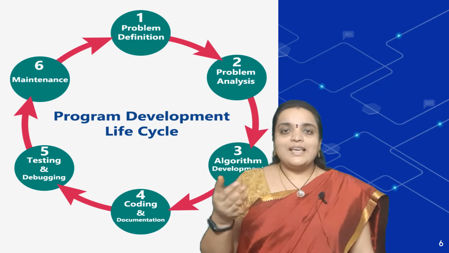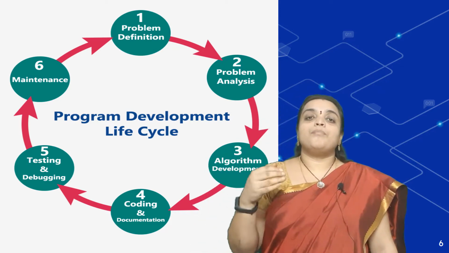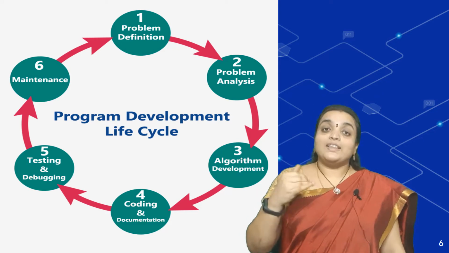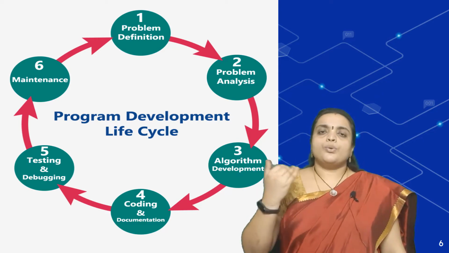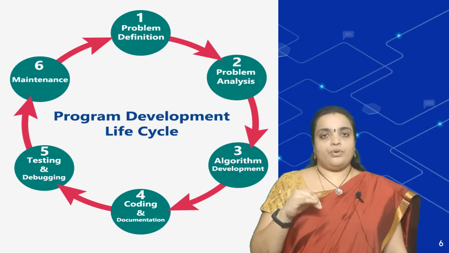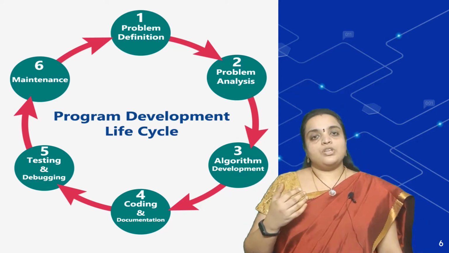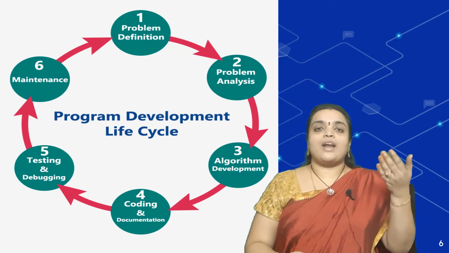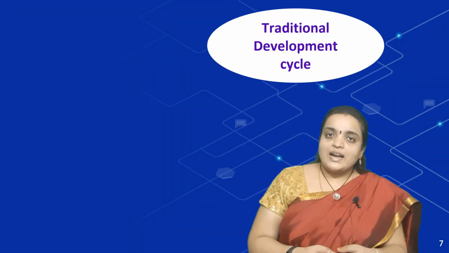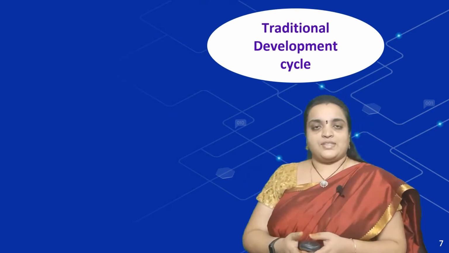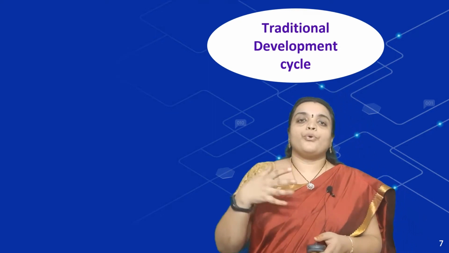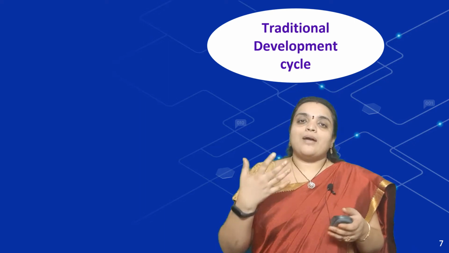Now let us see the program development life cycle of the Python programming language. Before that, let us see the development life cycle of traditional programming languages. How does the program run, how does the program execute?